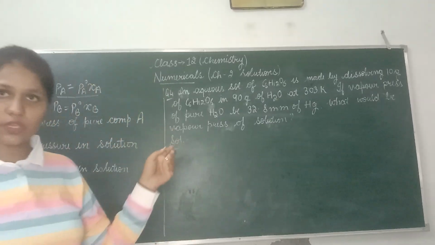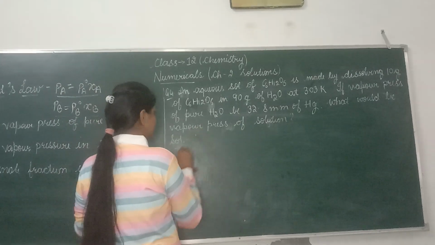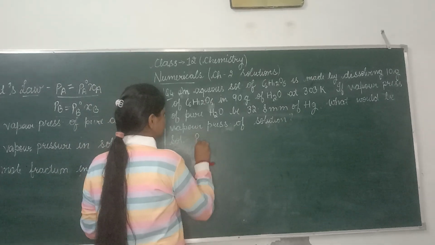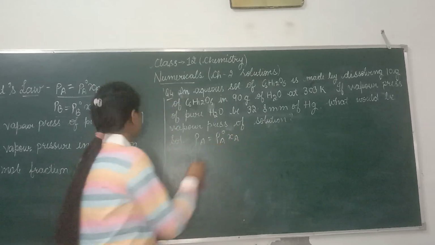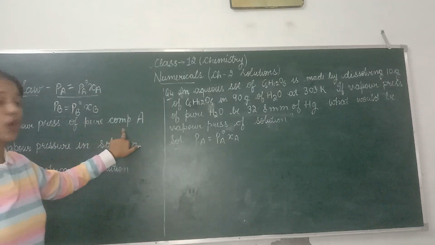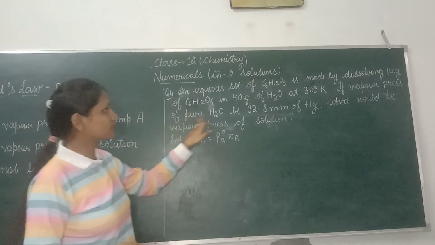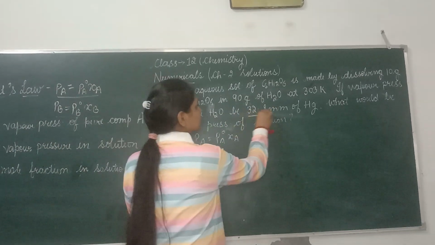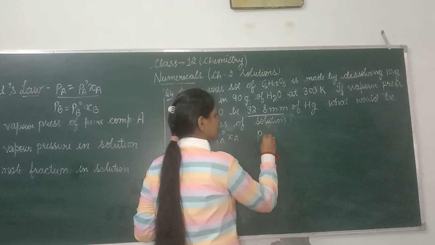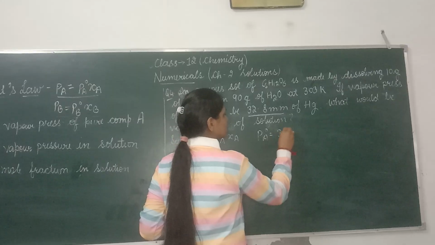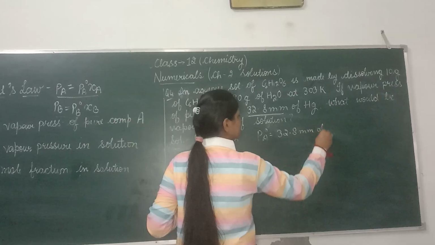Let water be component A. According to Raoult's law, PA is equal to PA naught into XA. PA naught is the vapor pressure of the pure component A, which is water, and it is given to be 32.8 mm of mercury.